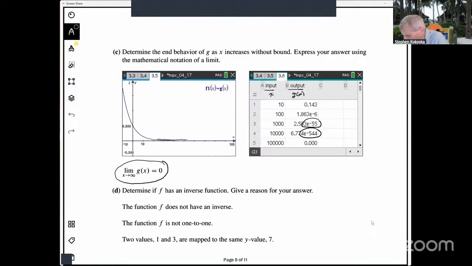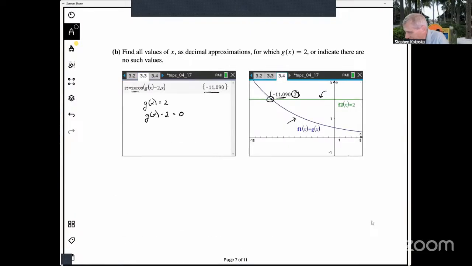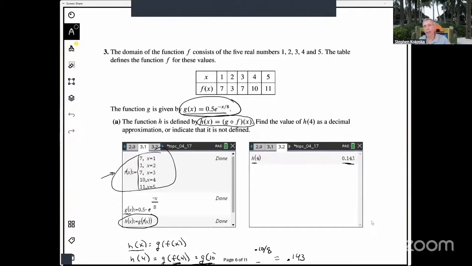Okay, determine if f has an inverse function. I'm sorry about this. I'm going to sneak back here to the table again. Does f have an inverse function by looking at that table? Now, you may remember that if we had the graph of a curve, we could determine by looking at that curve if it passes the vertical line test. We don't have a graph here.